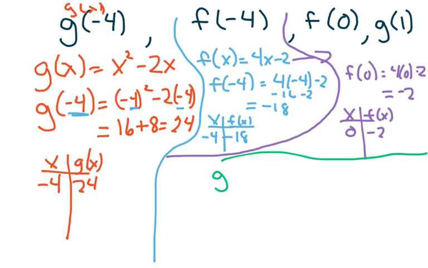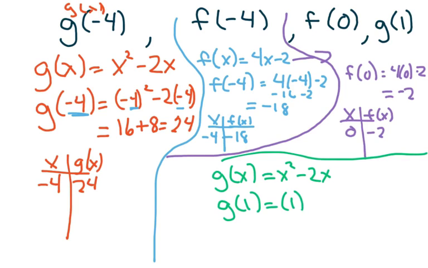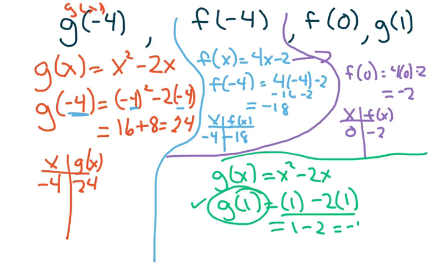So I'll write g of x down again. So g of 1, everywhere there's an x, I'm putting a 1 instead of the x. There should be no x's in here. And then I don't worry about this anymore. I just take care of that. That's 1 minus 2 equals negative 1. And again, all that means is when x is 1, g of x is negative 1. Just like you did when it was a y.